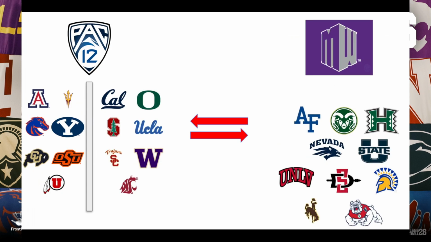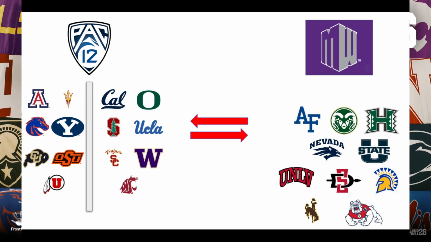Now, Pac-12, this is the biggest shakeup because right now we know the Pac-12 only has 2 teams, but we brought that old Pac-12 feeling back of what we knew it was in previous years, with Arizona State, Boise State, BYU, Colorado, Oregon State, and then Utah.